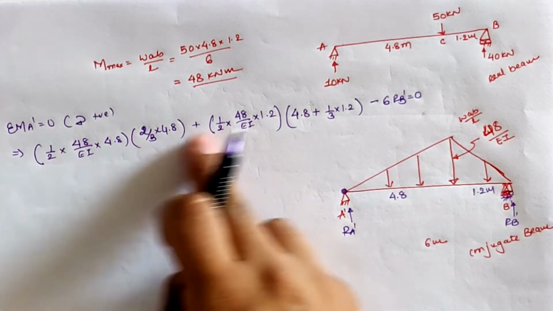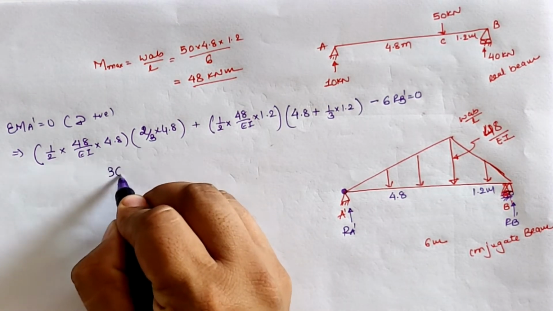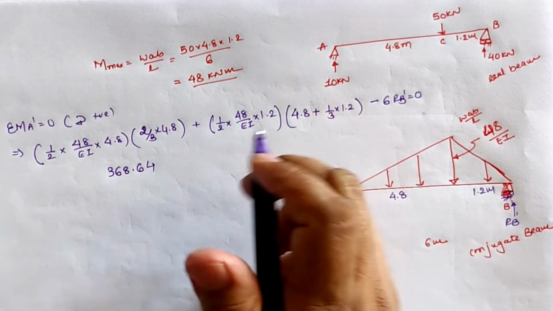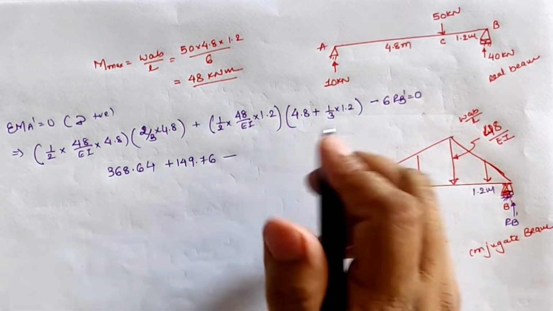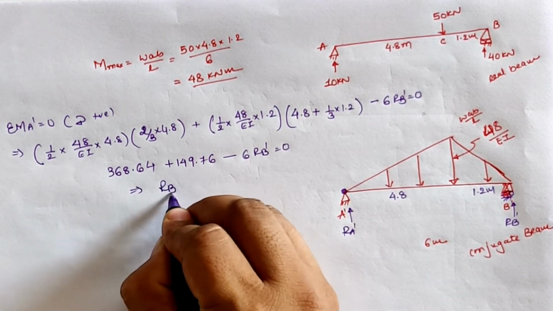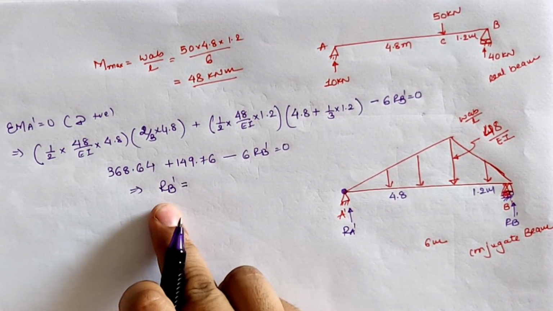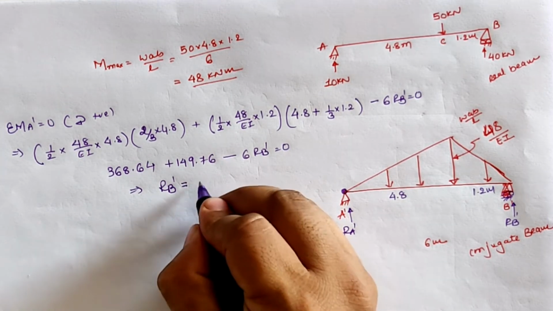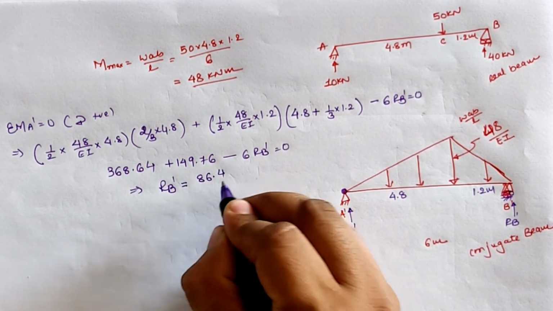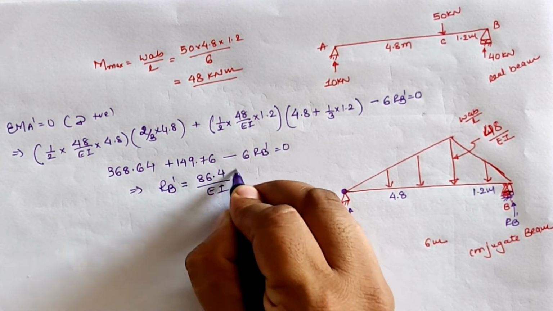Now solving this we will have our value for RB dash, which is 86.4 by EI.